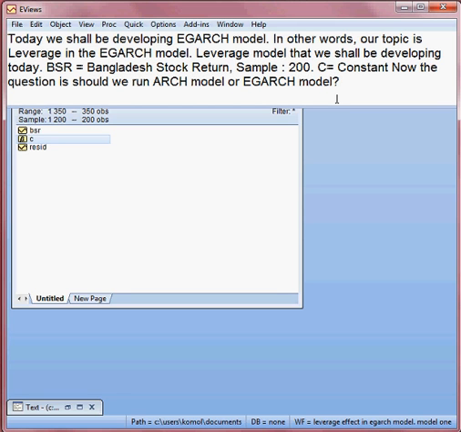Here EGARCH actually is a family member of the GARCH model.